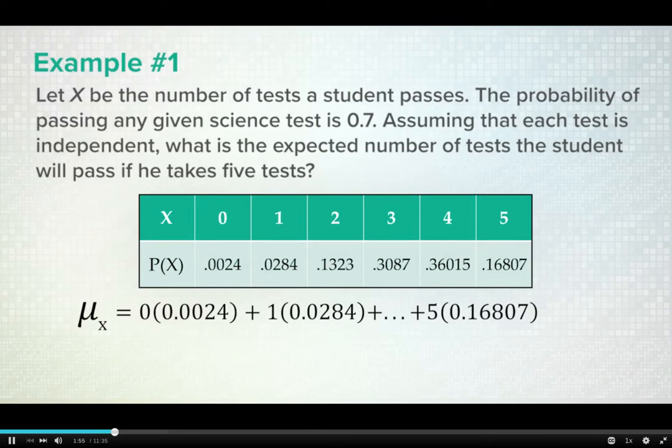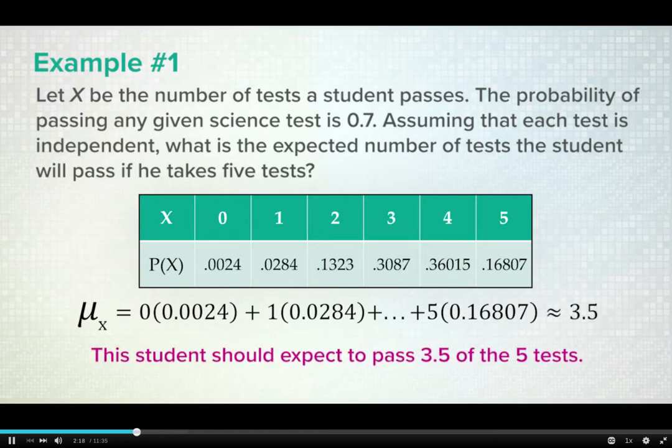So in this case, you could say 0 times 0.0024 plus 1 times 0.0284 plus ... plus the last one, 5 times 0.16807. When you do the math, you get approximately 3.5. So the expected number of tests that a student will pass out of 5 is 3.5.